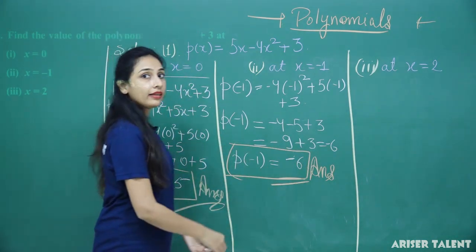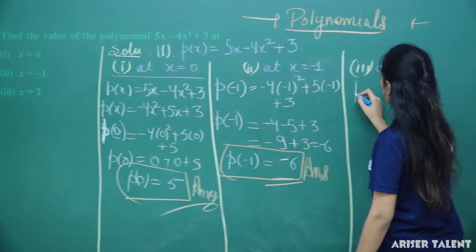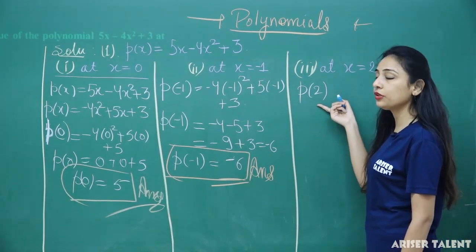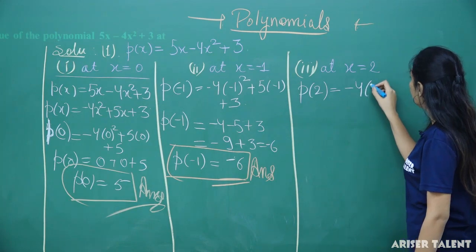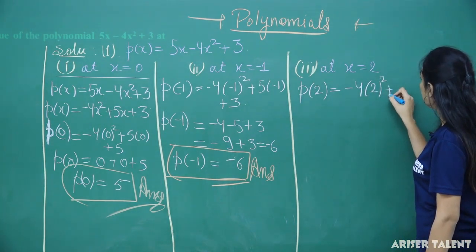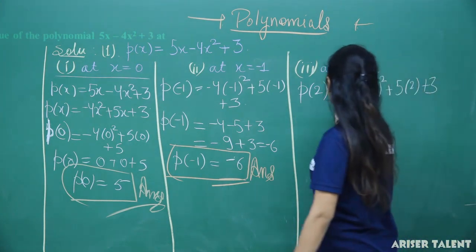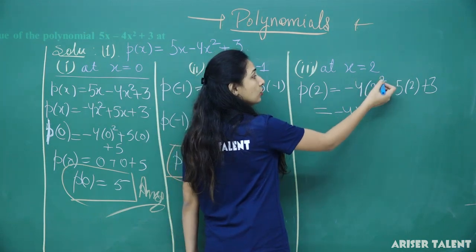Now next, at x equals to 2, right. In that particular question also, you will be writing P(2) because you are now going to put 2 at the place of x. So that will be minus 4 (2) whole square plus 5 multiplied by 2 plus 3. So that will be minus 4 multiplied by 2 raised to power 2 is 4.